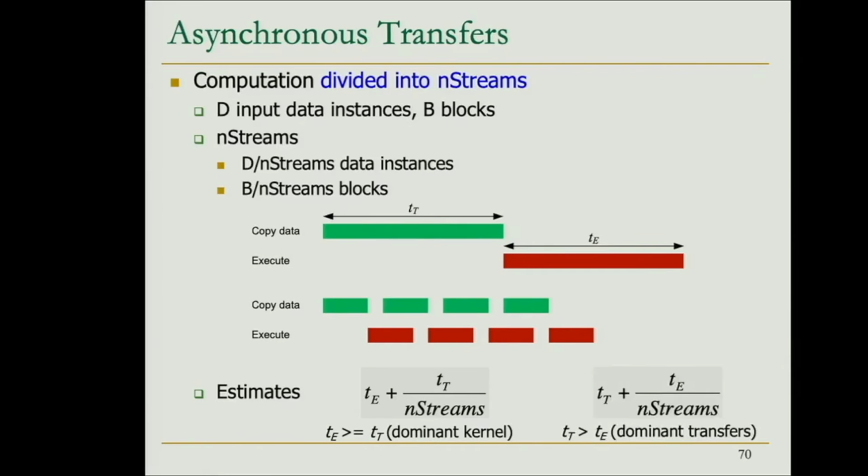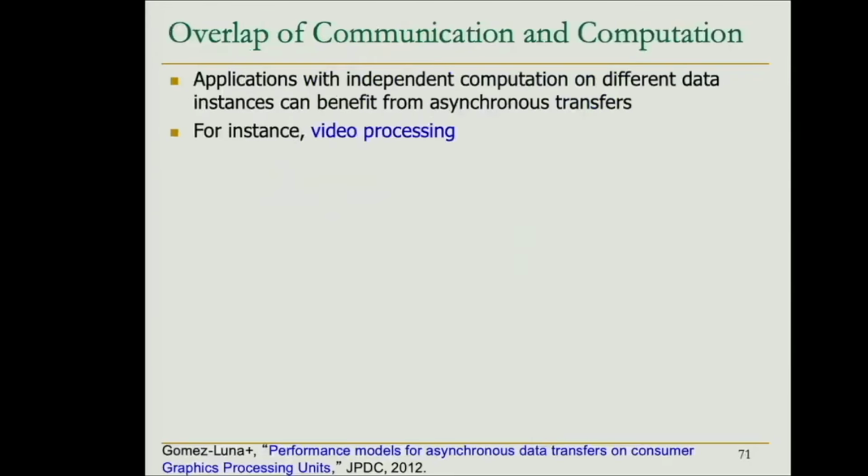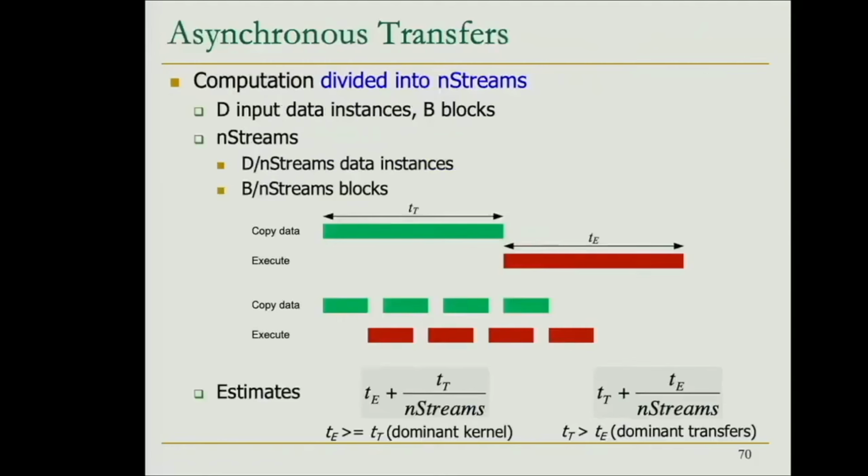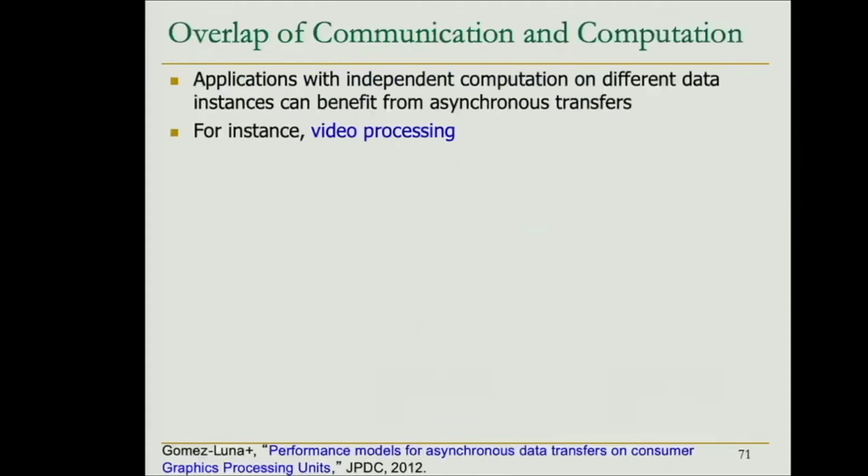And this is the other way around in case the transfers are dominant. I guess that you get the point. Obviously, from dividing the computation into multiple streams, there is a little overhead of managing this, but in principle, it's really worth trying.